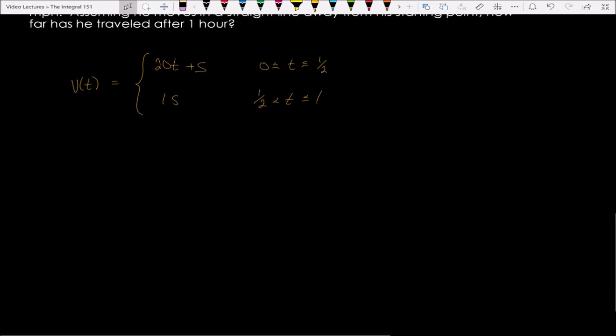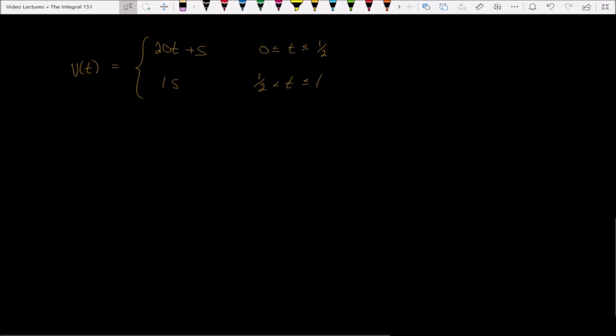What we're looking for is delta S, right? How far he's traveled. Well, this will be the integral from 0 to 1 of twice v of t, right? Because he can move at twice the wind speed.